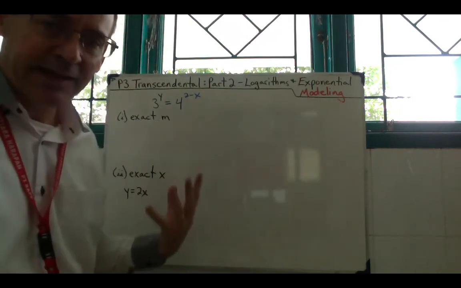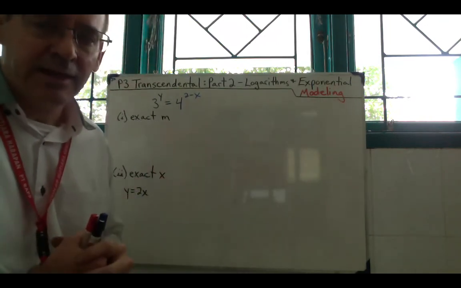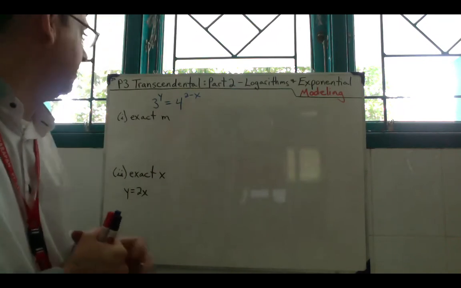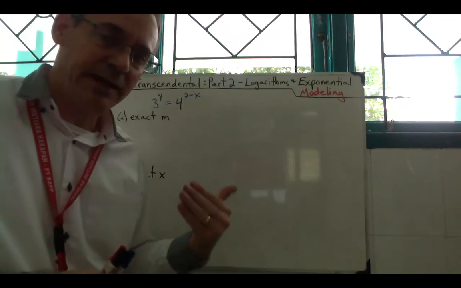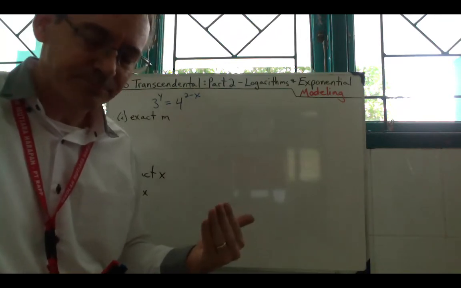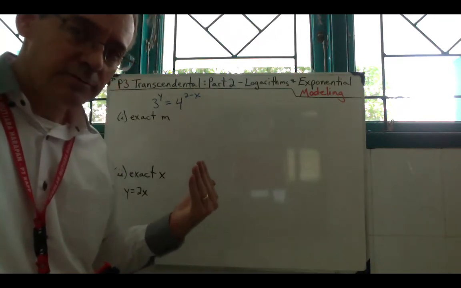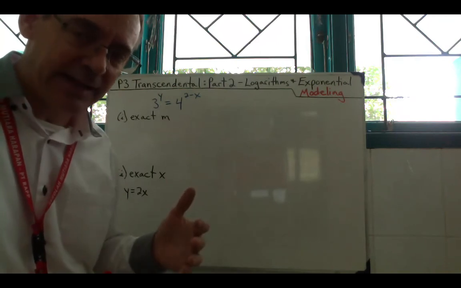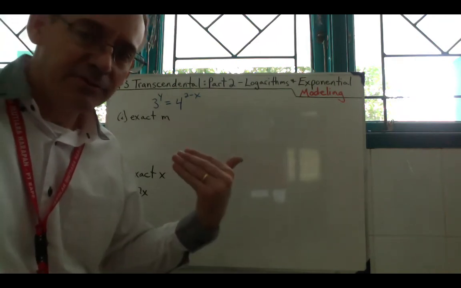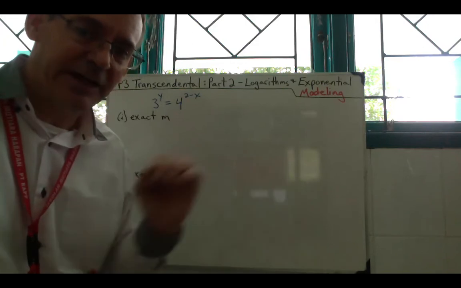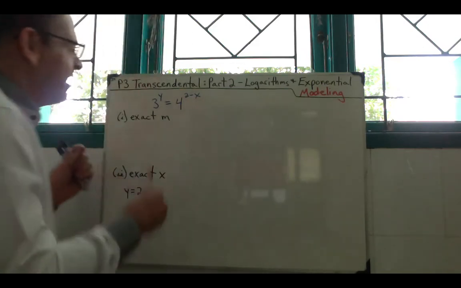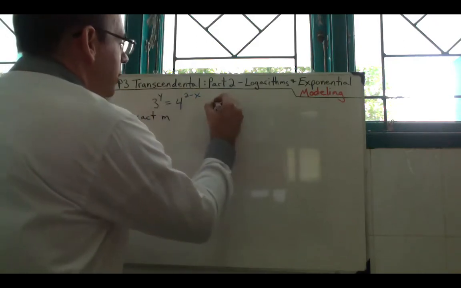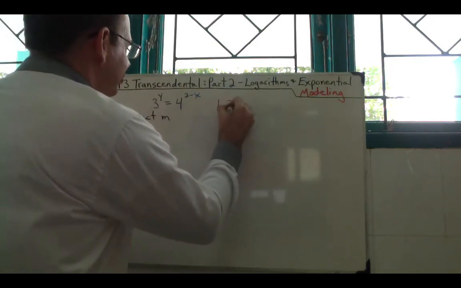It just kind of throws you into this hypothetical situation. So this is what we're working with. It does say that by using logarithms, show that it makes a straight line, and then determine the exact value of the slope or the gradient. So we're going to take this and we're going to ln both sides.